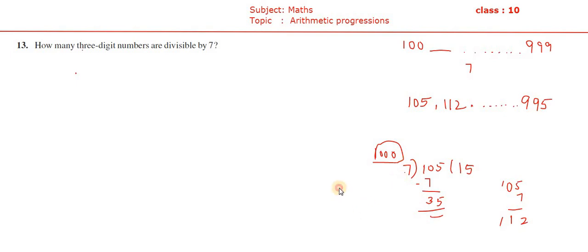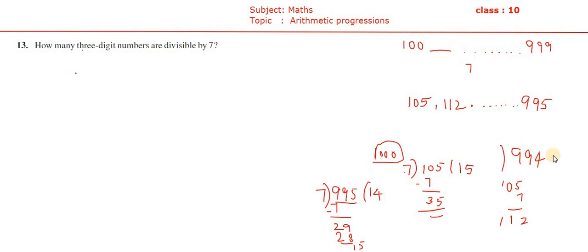Is 995 divisible by 7? 7 ones are 7, the remainder 2, and 9. 7 twos are 14, 7 threes are 21... 7 fours are 28, so the remainder is 1, and 15. 15 is not divisible, so 995 is also not divisible.